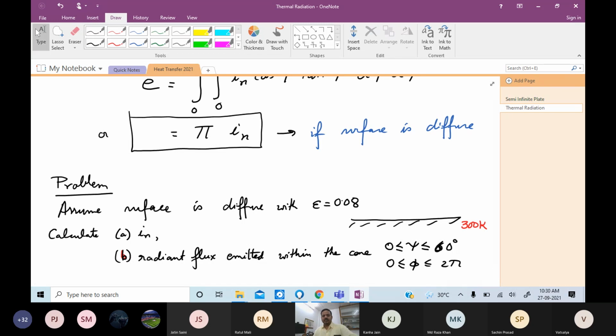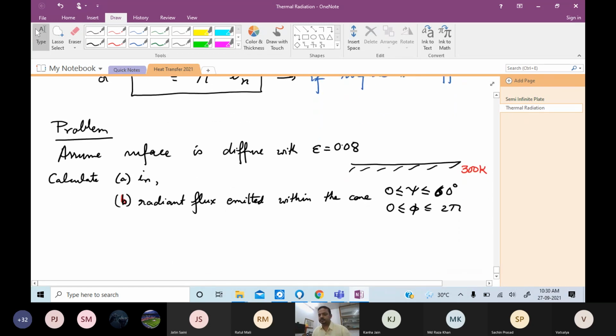So let us see, how do I get I_N? How will you get the intensity of radiation in the normal direction? We can calculate E using Planck's law and then we can use the above formula to get I_N. Not Planck's law, Stefan-Boltzmann law.